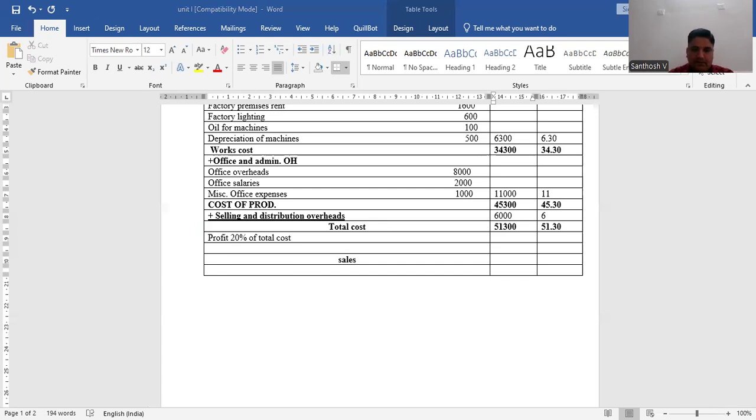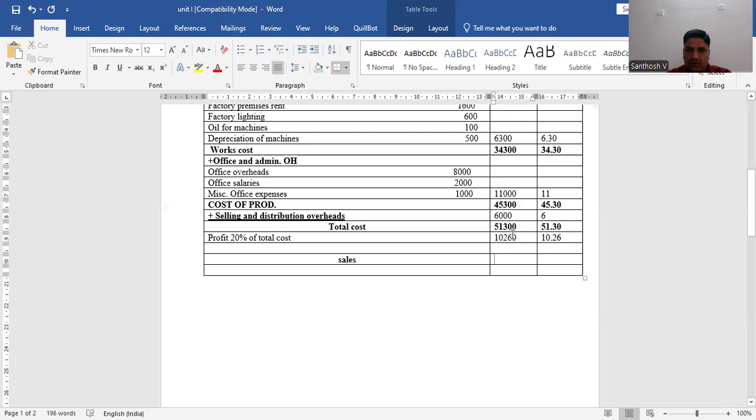You will get hardly 10,260. So 10,260 divided by 1,000, in the sense 10.26. So now you got the profit, 20% of total cost. So 10,260, and in the last column per unit 10 rupees point 26.